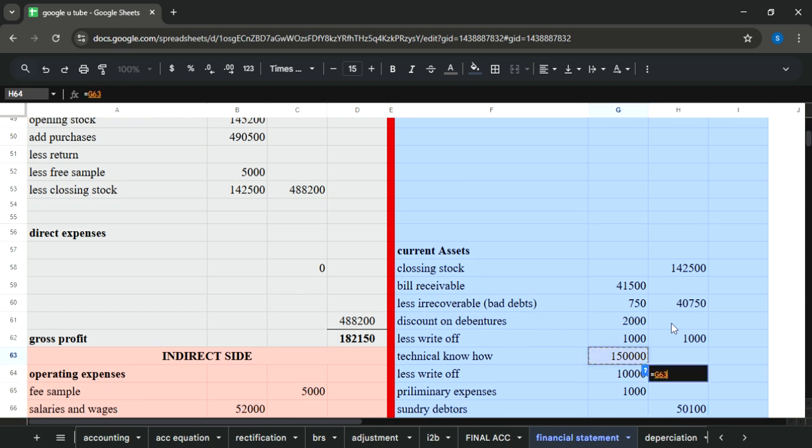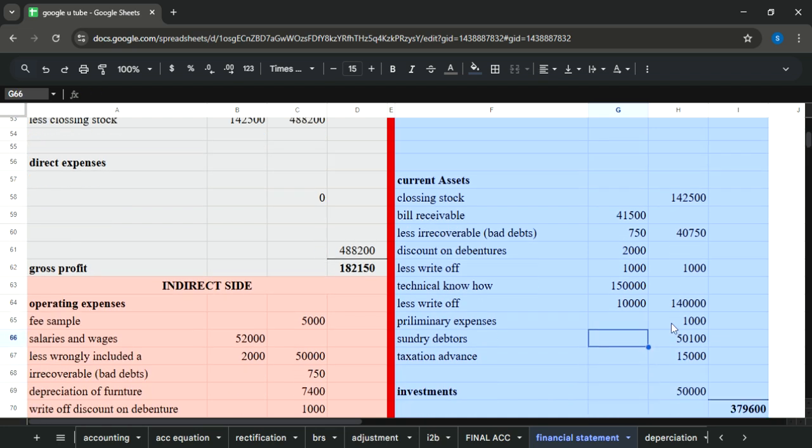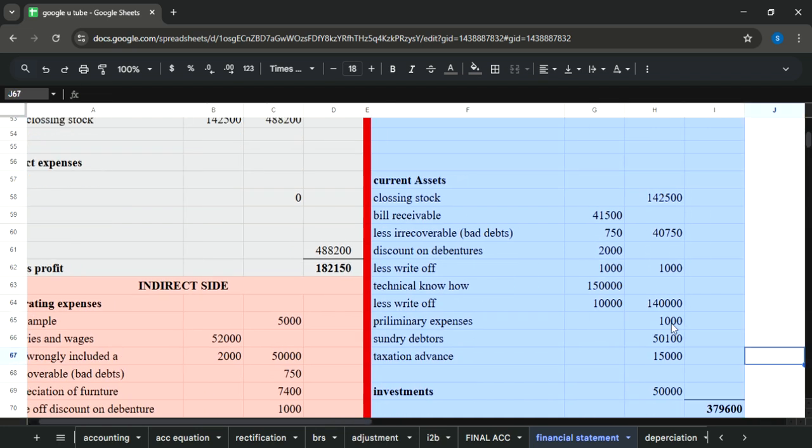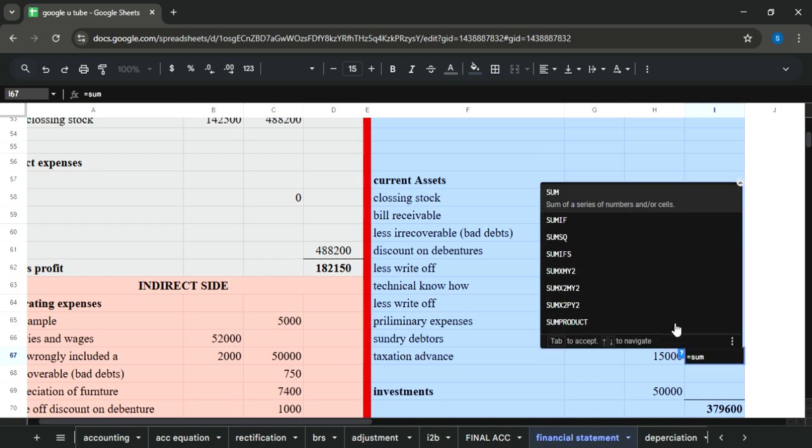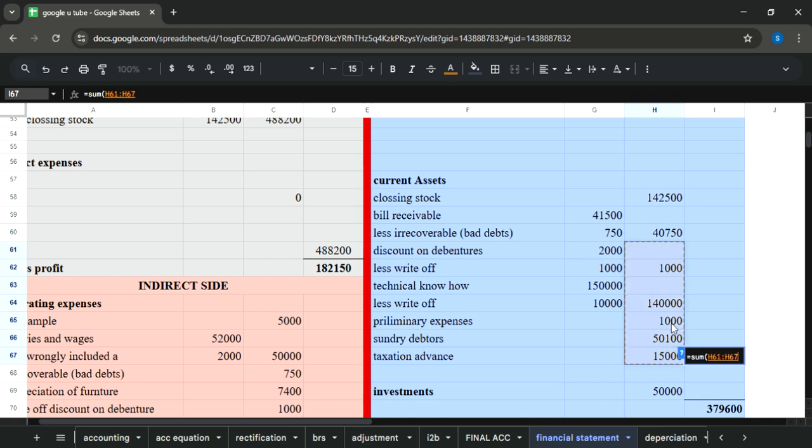Then we have 150,000. Let's write off this 1,000 preliminary expenses. After that, no other adjustment is present, means we can take sum. So here, let's take sum of all current assets. Investment, there is only one amount, total would also be same.